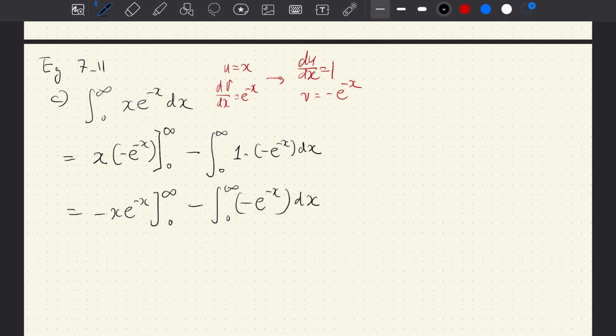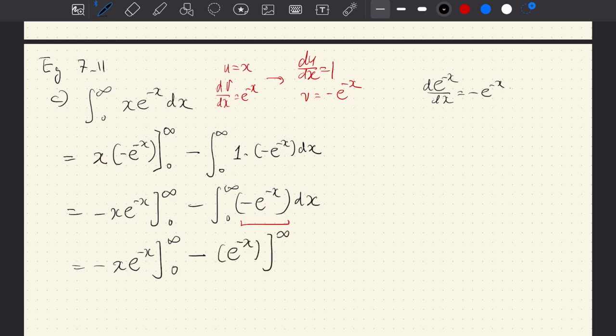So here you have minus e to the negative x, and then you evaluate at infinity and 0.